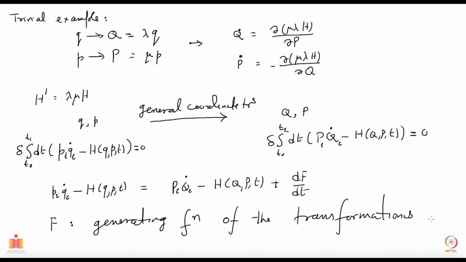Now let's do something. I will write this equation as a total differential of F. You have dq over dt here, so I'm going to just write the same equation.